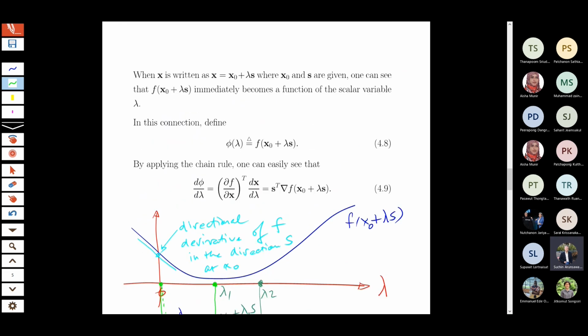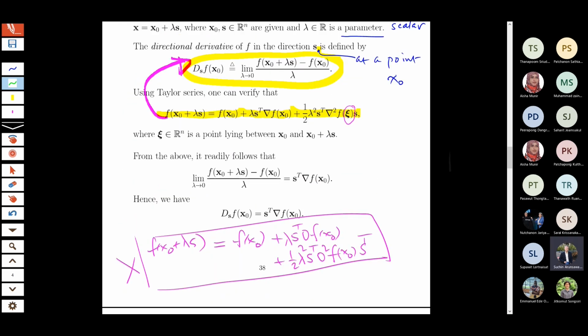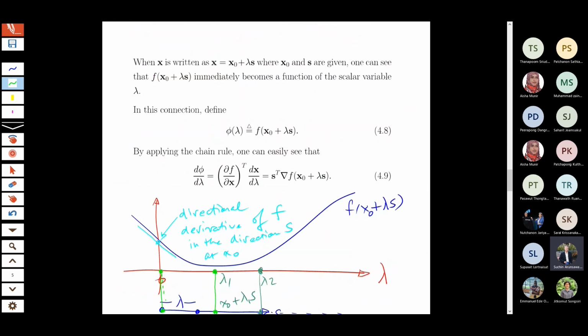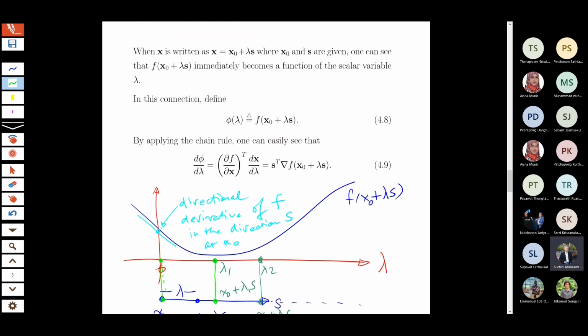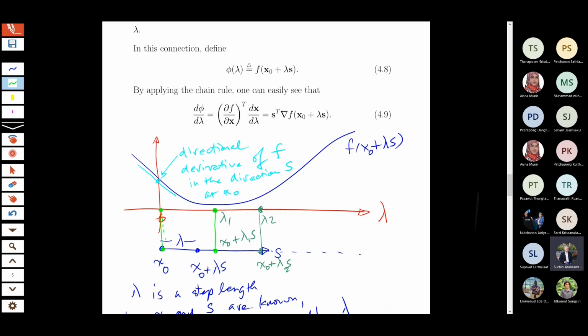Any question? Now, by using the chain rule, we can find not only the directional derivative of the function f, but also the derivative of f of x naught plus lambda s with respect to lambda for other values of lambda as well.